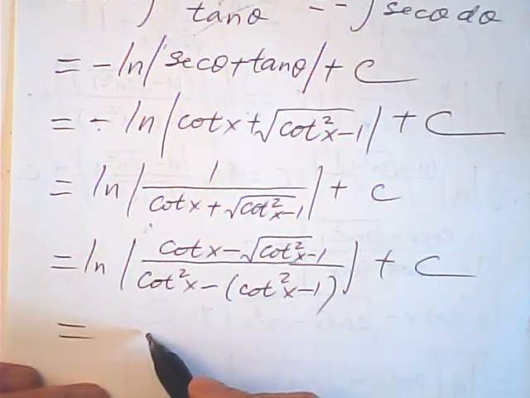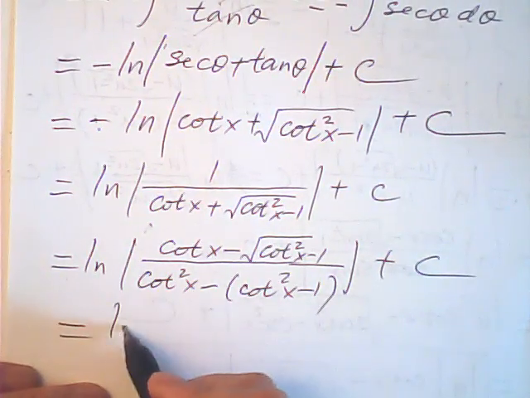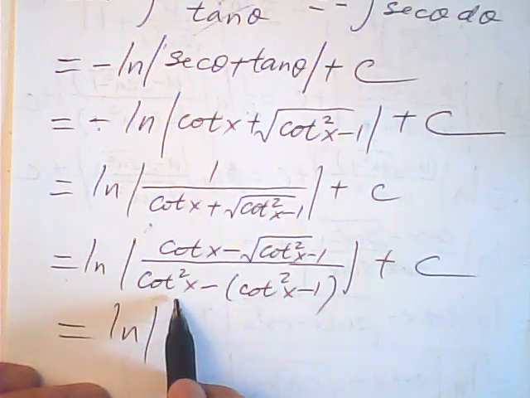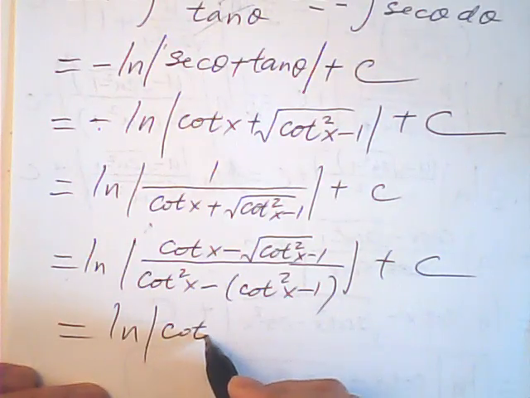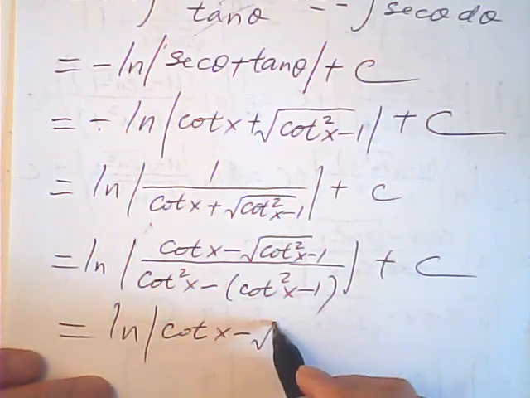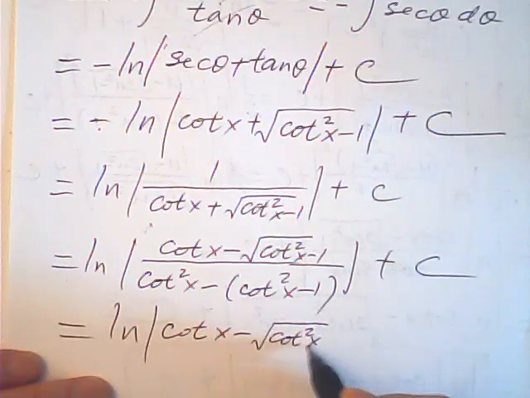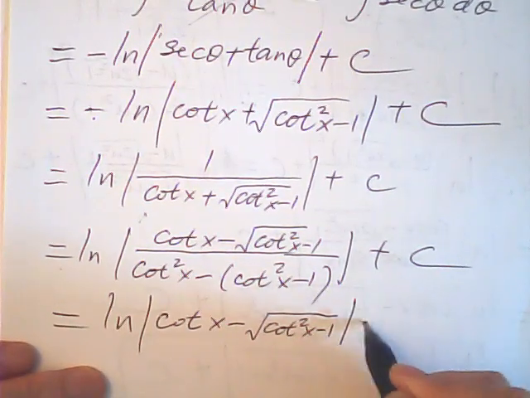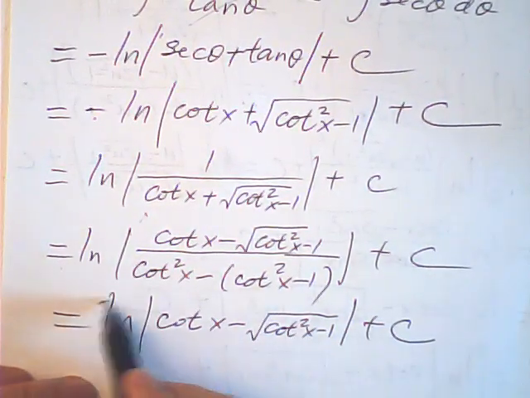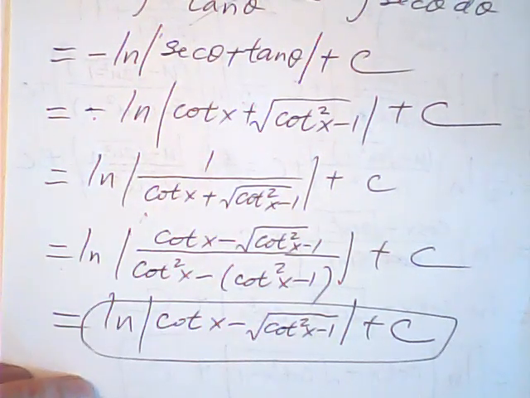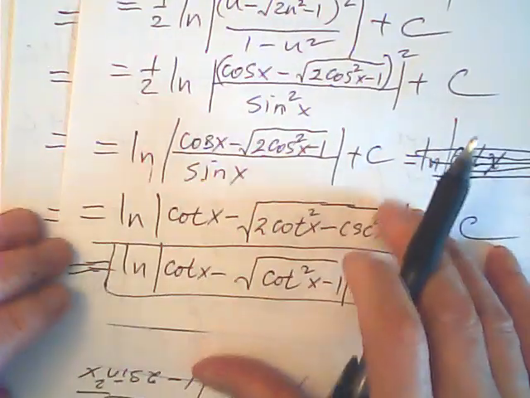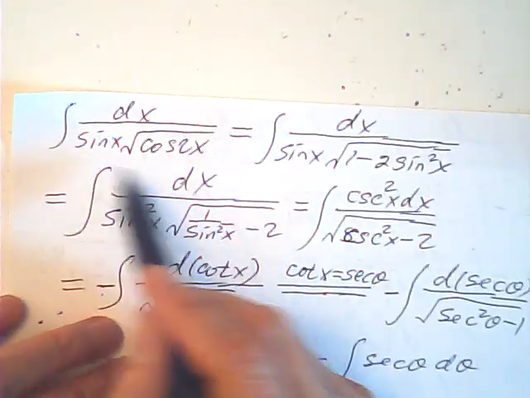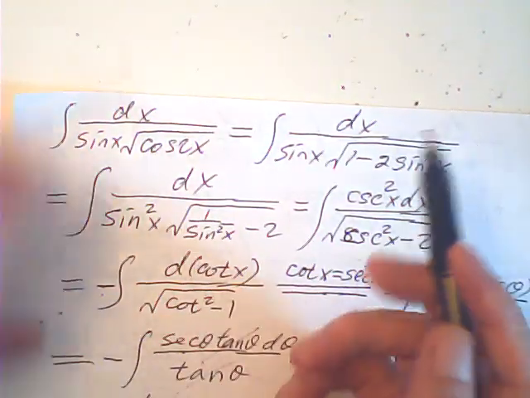So this one is equal to natural log. The bottom will become 1. So it becomes cotangent x minus square root of cotangent square x minus 1. Wow, this is the same answer as we have done in method 1. Okay, so good. We've done this one by 2 methods.